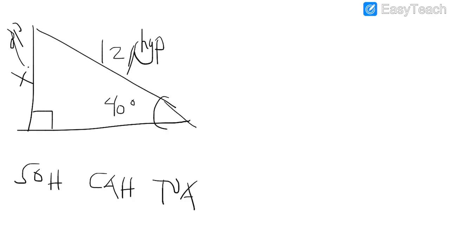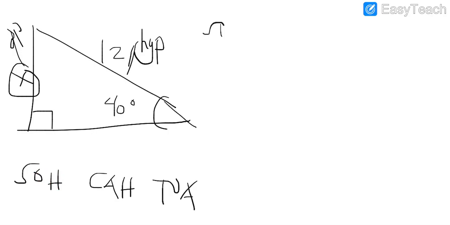Now let's look for the value of x. Which ratio will we use to find the value of x? We have hypotenuse and we have opposite. So let's look at which of sine, cosine, or tangent has opposite and hypotenuse. So that is sine, no?